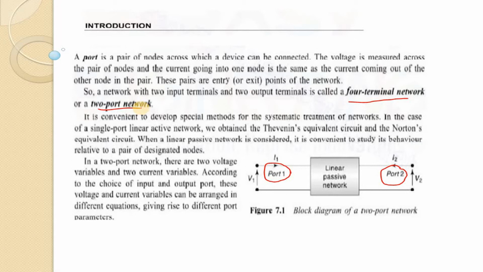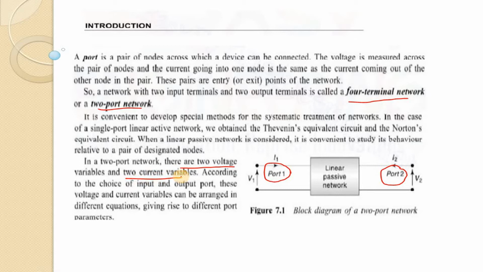When a linear passive network is considered, it is convenient to study its behavior at a pair of designated nodes. In a two-port network, there are two voltage variables and two current variables.